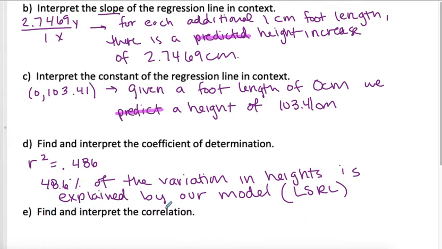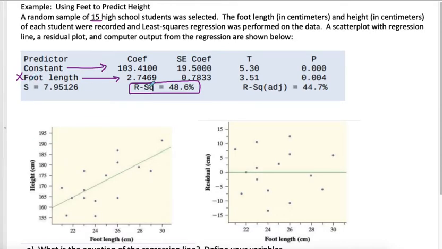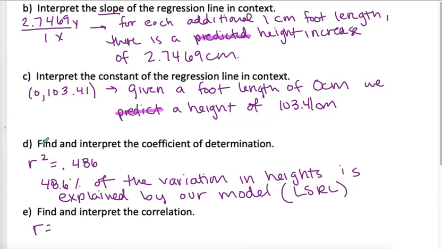On E, find and interpret the correlation. Okay, so correlation is R. Notice that in our table, it gives us R squared, it gives us an adjusted, okay, well, we don't want that. It gives us T and P, standard error coefficients. It doesn't give us what R is, but it did give us what R squared is.